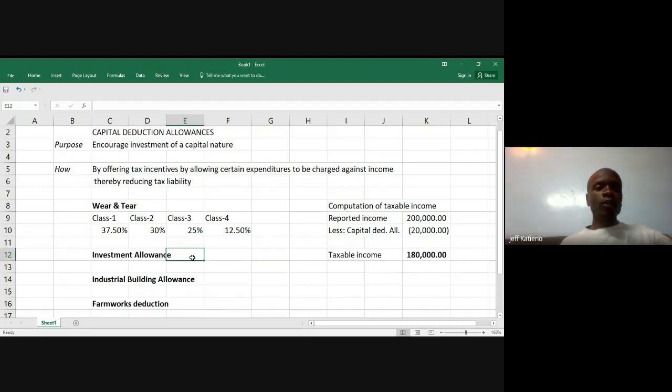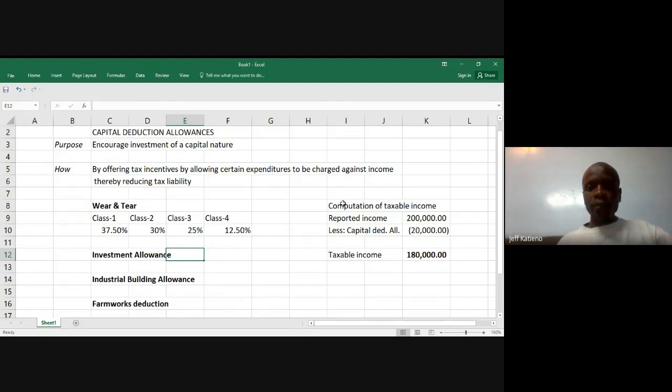If you bought a computer, you had to check which class the computer is in before you charge the percentage of tax incentive which is allowable, and so forth.